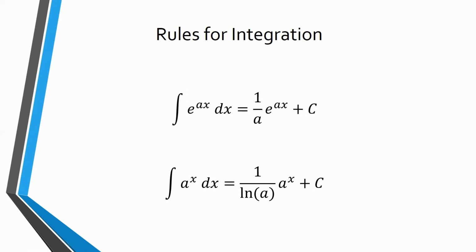Other derivatives that we saw, well, we had seen that if you take a derivative of e to the ax, you get e to the ax back, and then you multiply times a. If I want to reverse that process, I start with e to the ax, I get back an e to the ax, but instead of multiplying by a, since we're reversing the process, we're going to divide by a.